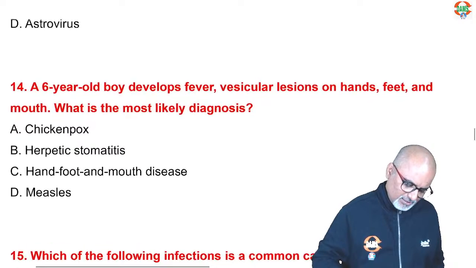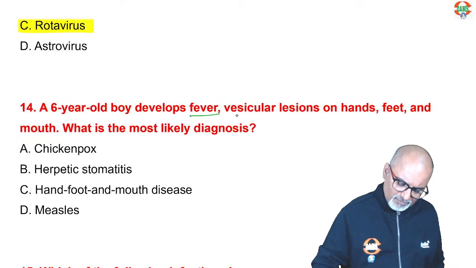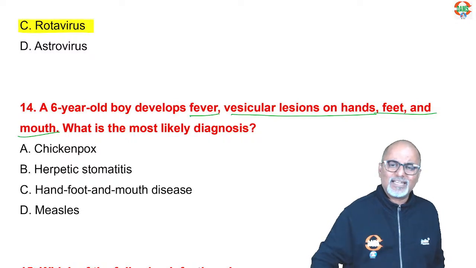Next is, a 6-year-old boy develops fever and vesicular lesions on the hands, feet and mouth. What is the most likely diagnosis?